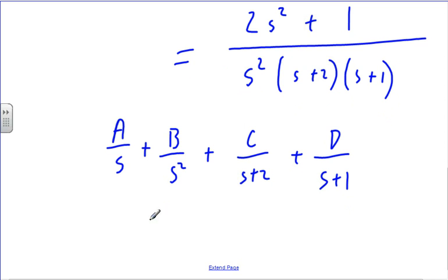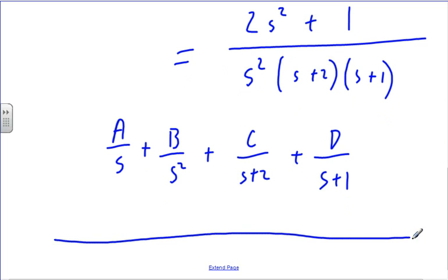Okay, so now I'm going to find a common denominator. And my common denominator is going to be s squared, s plus 2, s plus 1.